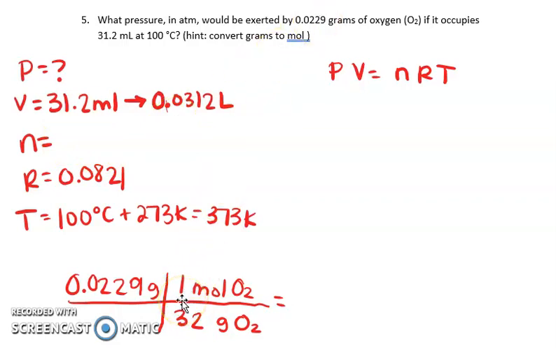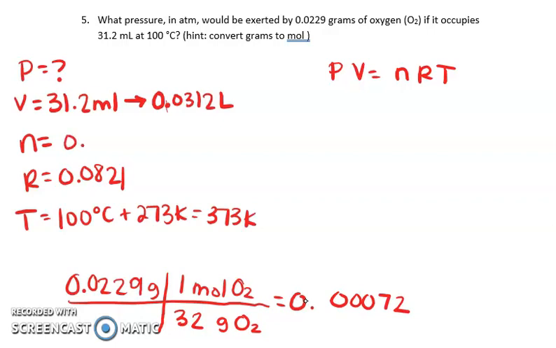If you remember back to mole conversions, I can take the number of grams I have and use the molar mass of oxygen from the periodic table. One oxygen weighs 16, so if I have 2 oxygens, it would weigh 32 grams. I put that 32 grams on the bottom with the 1 mole on top, multiply across the top, divide by the bottom, and that gives me a total number of moles of 0.0007156, so I'm just going to say 0.00072 moles.